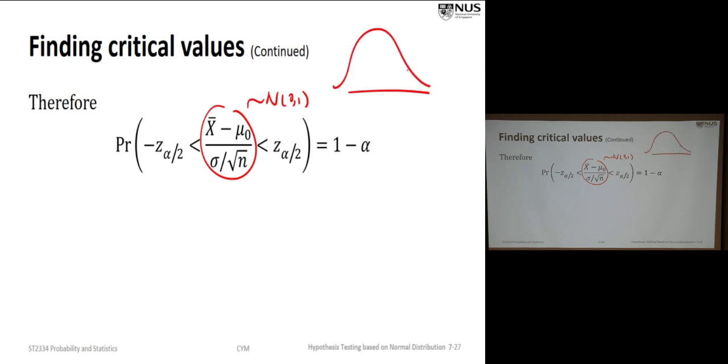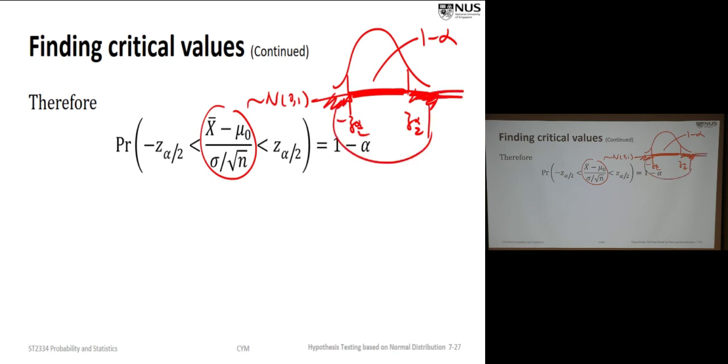We know that between minus Z alpha over 2 and Z alpha over 2, between these two numbers, the probability is 1 minus alpha. Therefore, over this part and this part, the probability of falling in them is alpha. Looks familiar, right? In the confidence interval, we have something similar, but there it is mu.